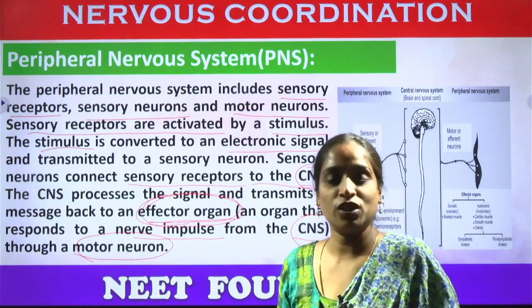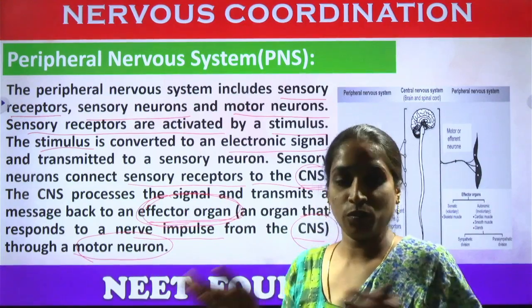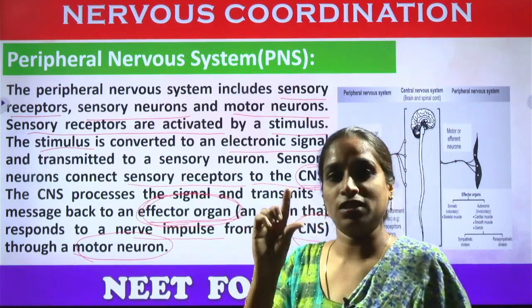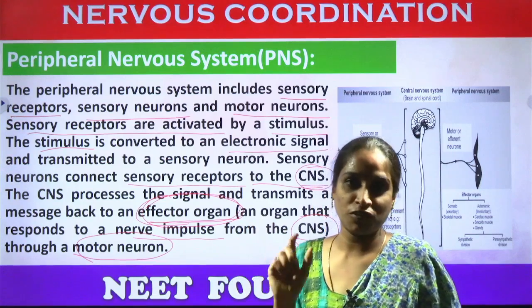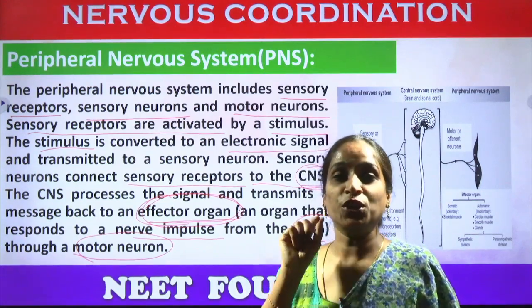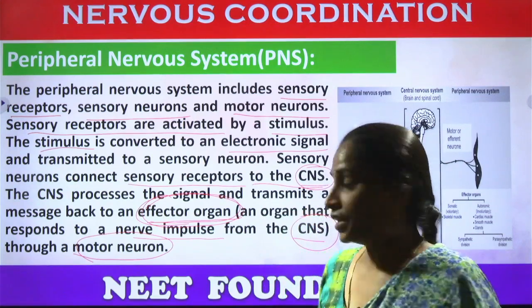What moves material from the small intestine to the large intestine? Materials move with the help of muscles. This is the function of the autonomic nervous system, the smooth muscles which work with the help of the neural system, right?